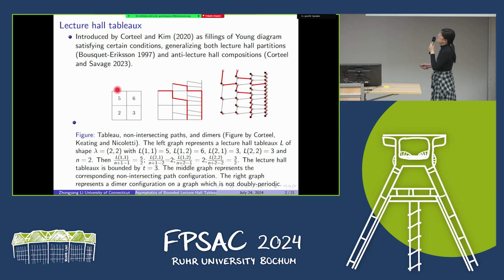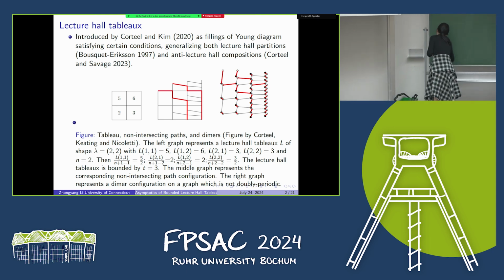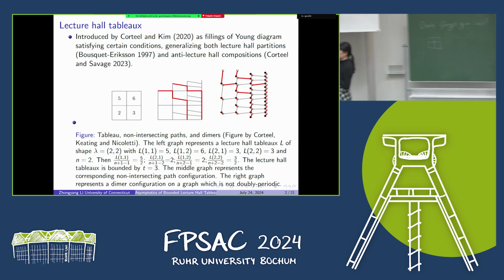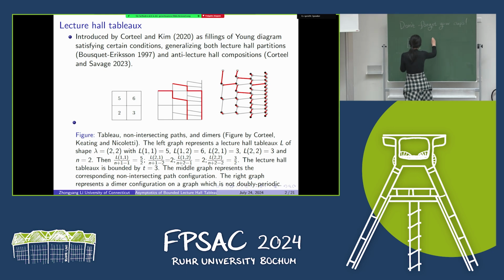Basically, we rotate this square by 45 degrees, and we obtain 2, 3, 5, 6, and here we have n plus j minus i.